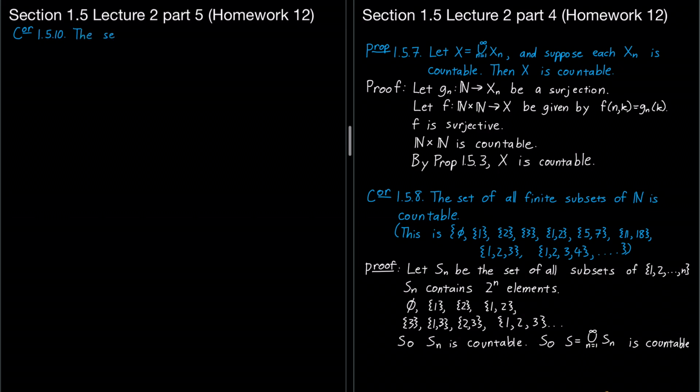And this is the set of all subsets of N. This is sometimes written as 2 to the power of N, the power set of N, because for each natural number you can decide whether or not you want to include it, and that is not countable.